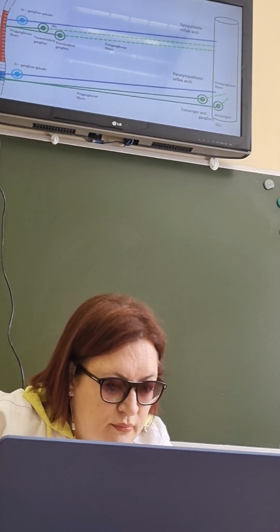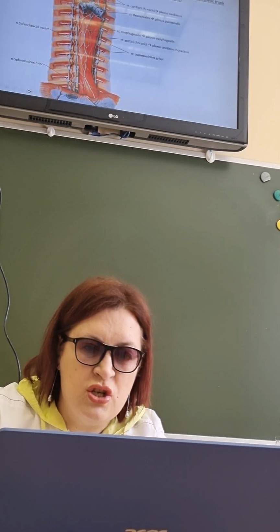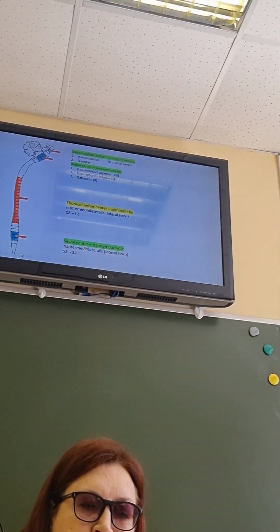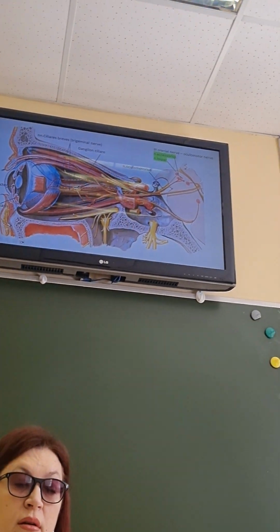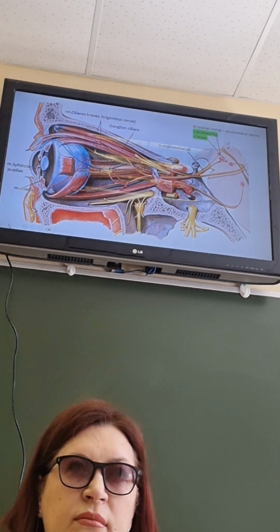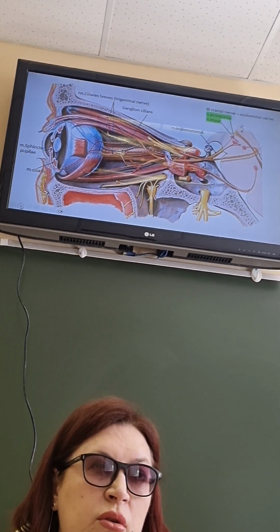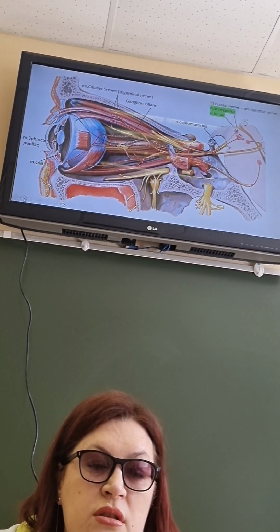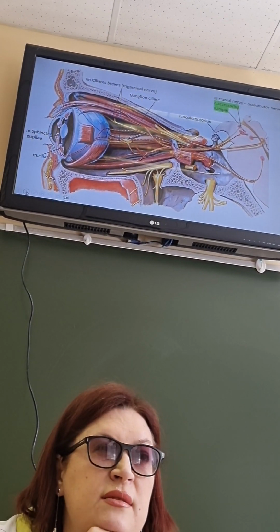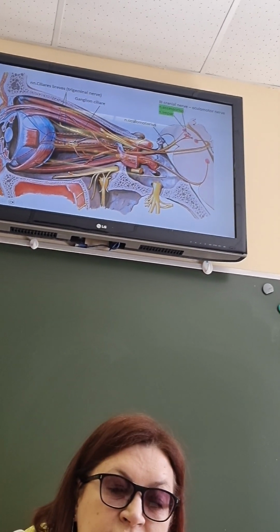So, the innervation of the internal organs. Students, first center, mesencephalic center. On the picture you can see the organ of vision, and it contains smooth muscles, musculus sphincter pupillae and musculus ciliaris.